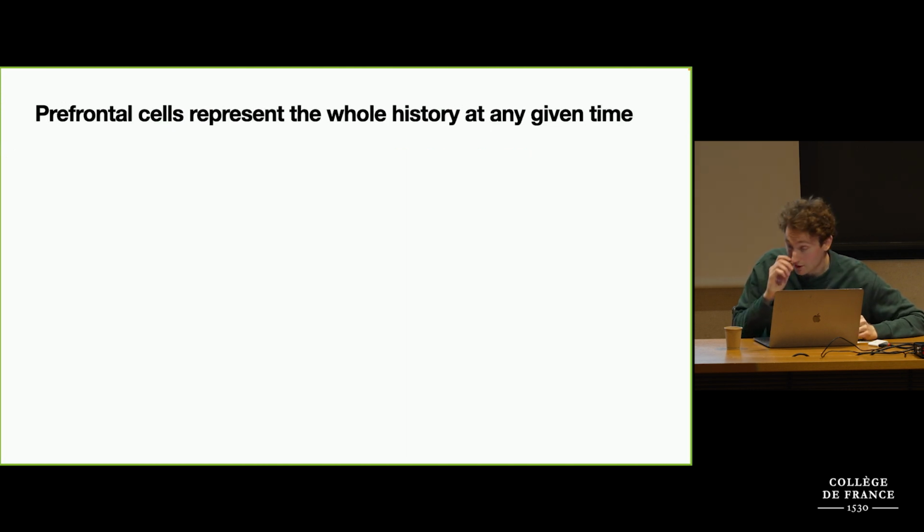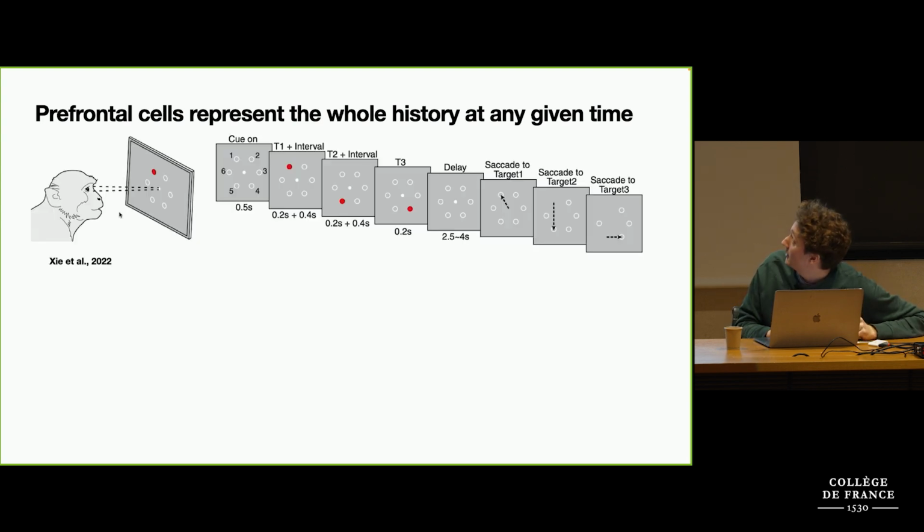Okay, but I want to just pick apart what I said about these cells knowing both about the past and the future. So here's a task, and it's a working memory task. We've got a monkey that looks at a screen, and the order of events go like this. A light will flash up, then another light in another location, and then a third light in another location.